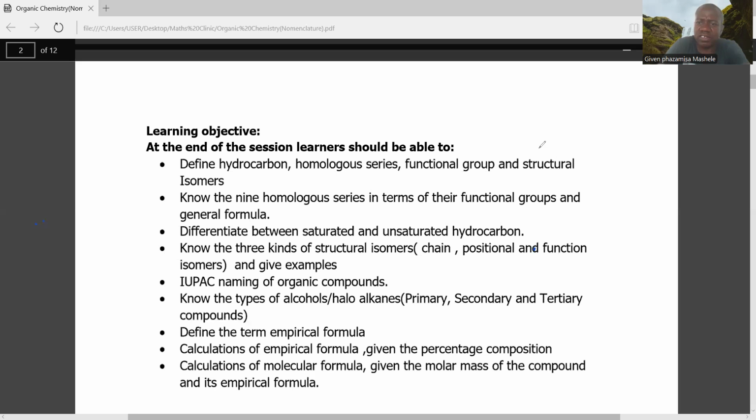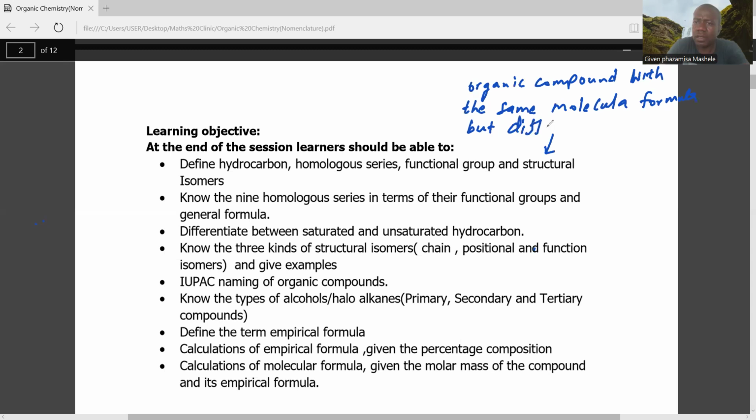The organic compound that has the same molecular formula but different structural formula is regarded as a structural isomer.